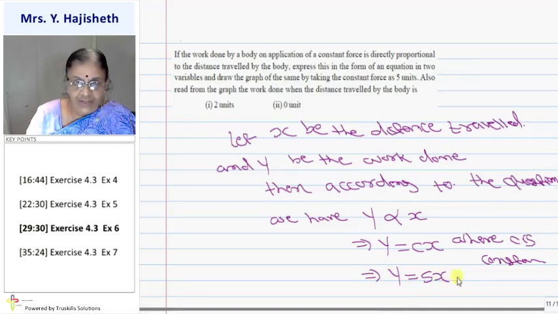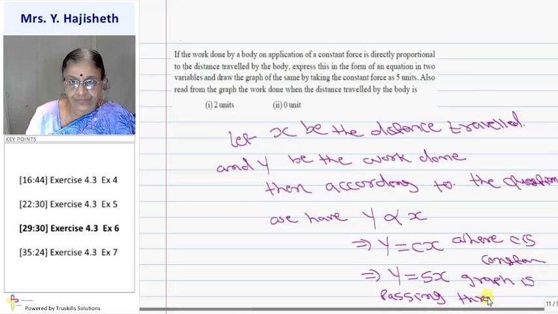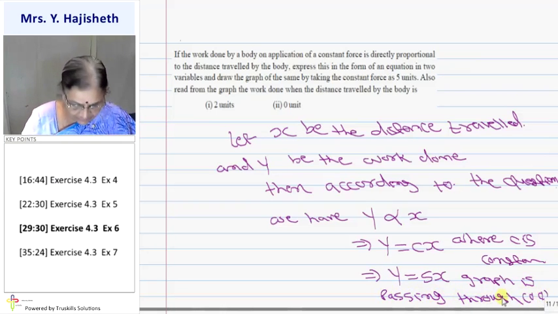Now see, y is 5x, the graph of this equation is passing through the origin. The graph is always passing through the origin. Graph is passing through 0, 0 and 1, 5.